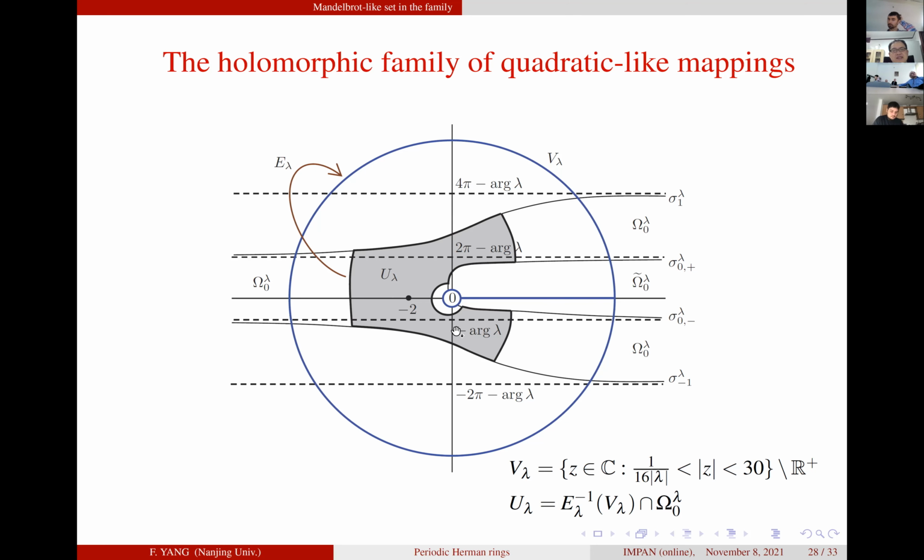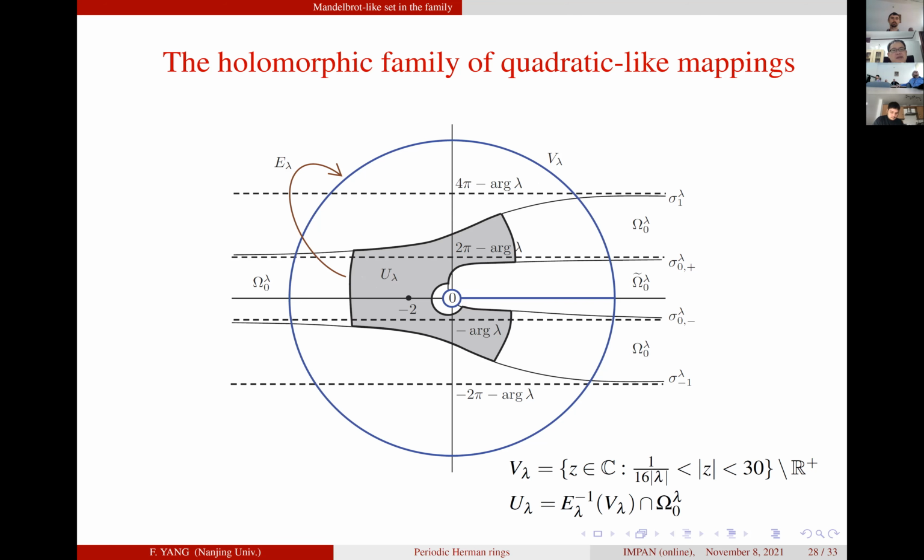We call this shadow part U_lambda. Then (E_lambda, U_lambda, V_lambda) is a holomorphic family of polynomial-like maps, a holomorphic family of quadratic-like mappings.